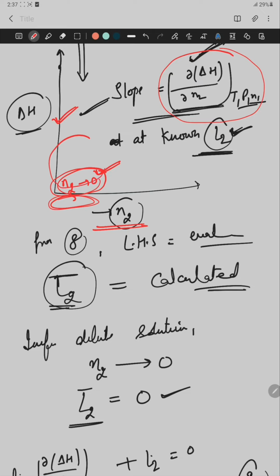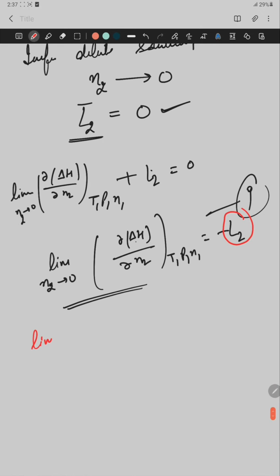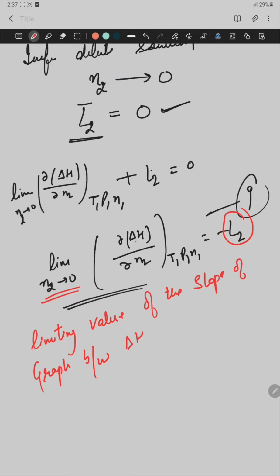In the lower limit of this graph, whatever the slope is will give us the value of L2. So you can write here: the limiting value, meaning when N2 tends to 0, of the slope of the graph between delta H and N2 gives the value of L2.